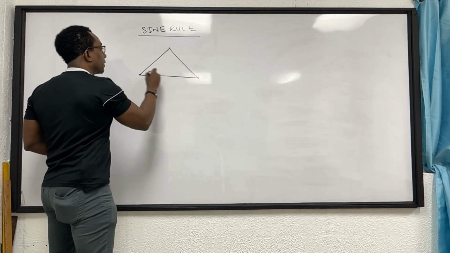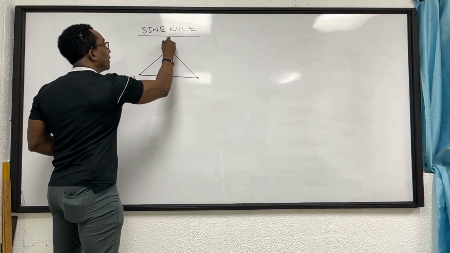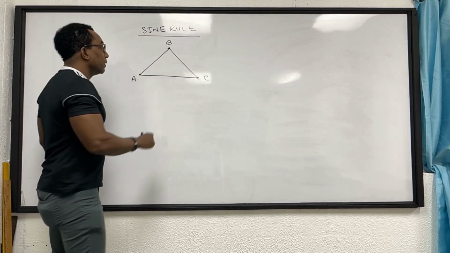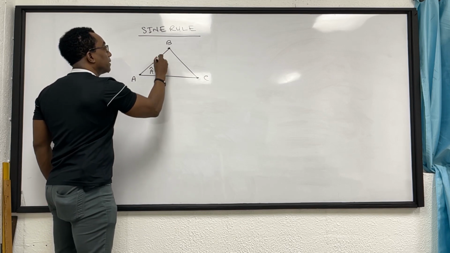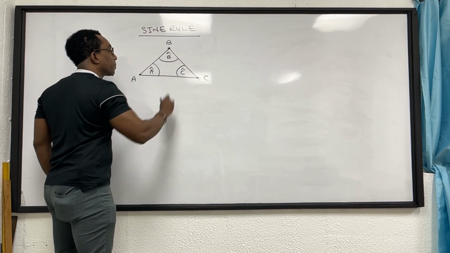We have three vertices A, B, C. And we have three angles. Call this angle A, call this angle B, call that angle C.